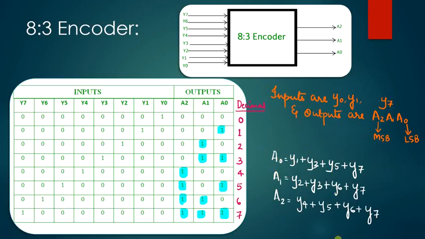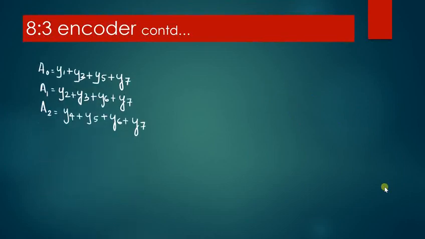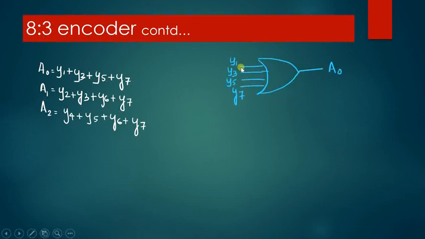Now if you look at the output variables A0, A1 and A2, these expressions are nothing but sum of product expressions, and a sum of product expression can be easily represented in terms of an OR gate. So you can see I have the expressions A0, A1 and A2, and I can represent A0 as Y1 plus Y3 plus Y5 plus Y7.